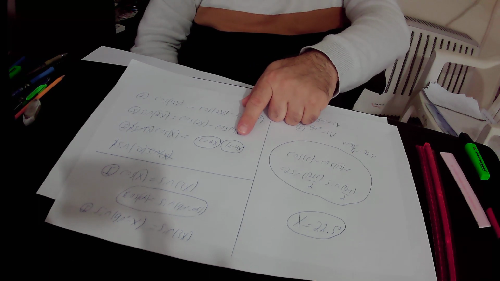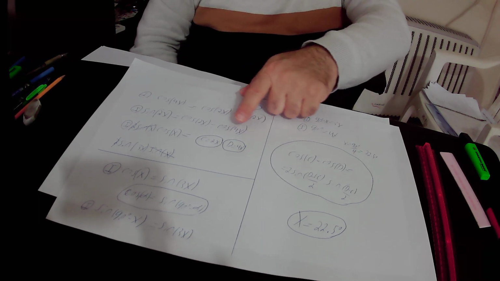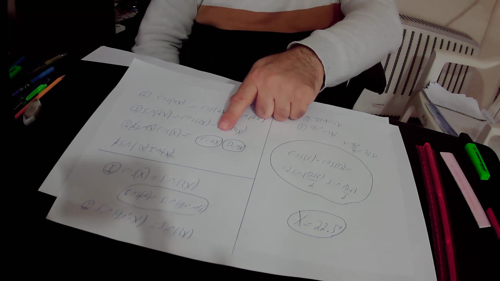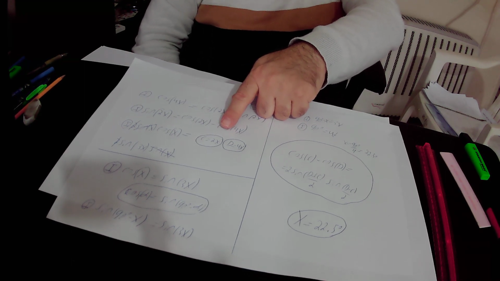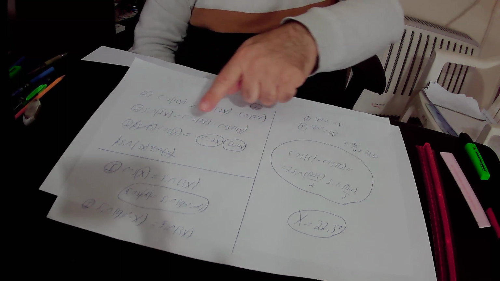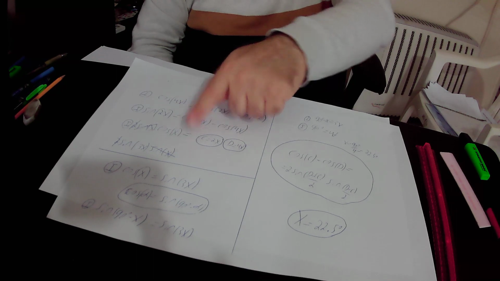D is 4x, C is 2x, so D minus C is 4x minus 2x, which is 2x, and 2x over 2 is x. So in conclusion, we got here sine x, so this expression equals 2 sine 3x sine x.